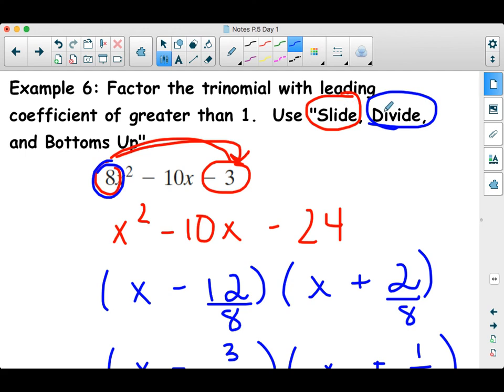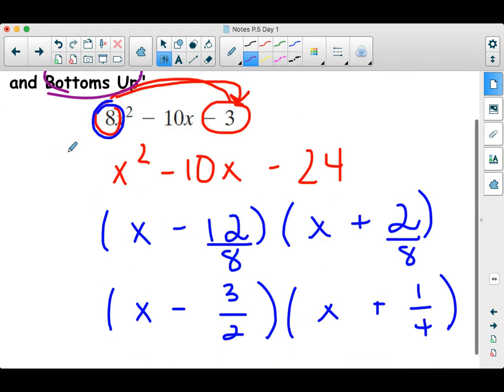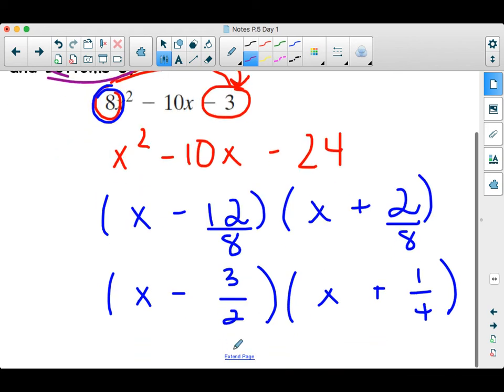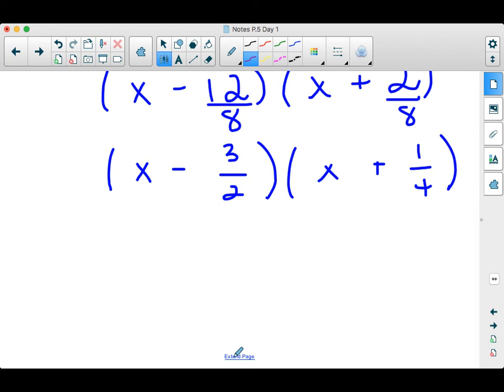Our last step is bottoms up. How we do bottoms up is these bottom numbers, the denominators, are going to go up in front of those x terms.